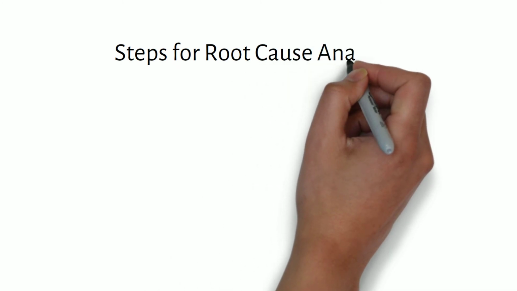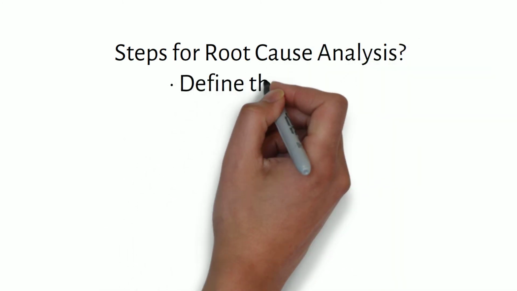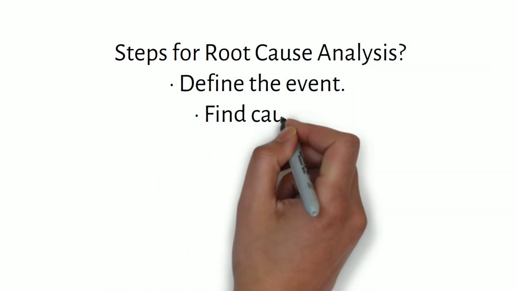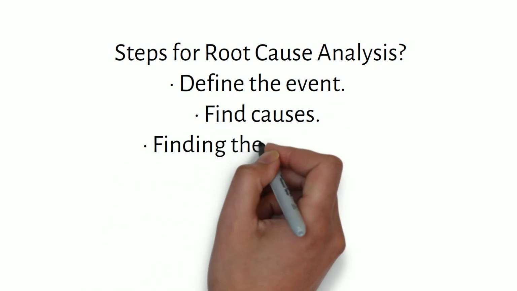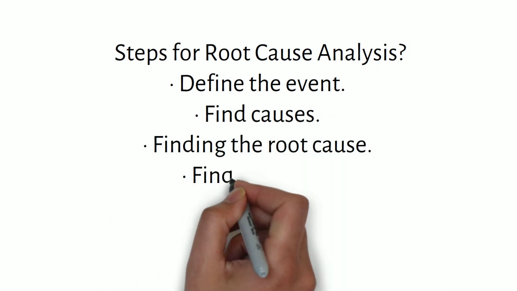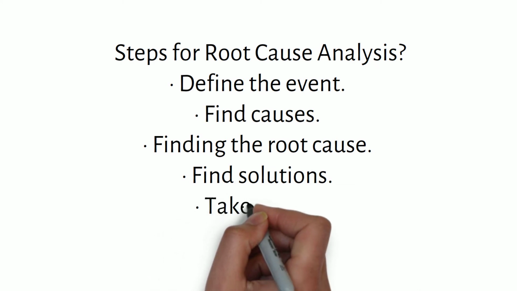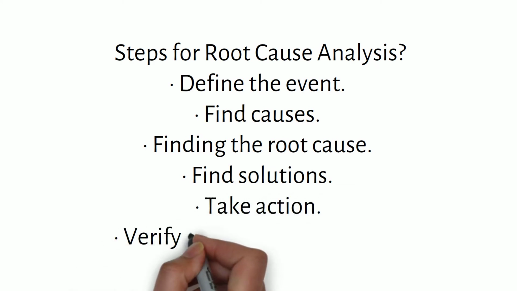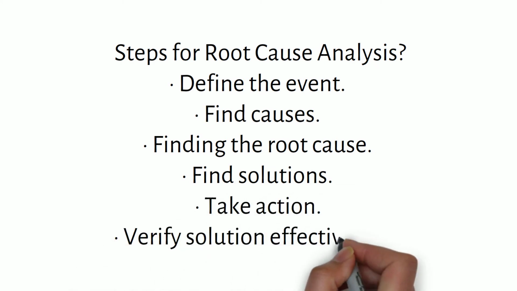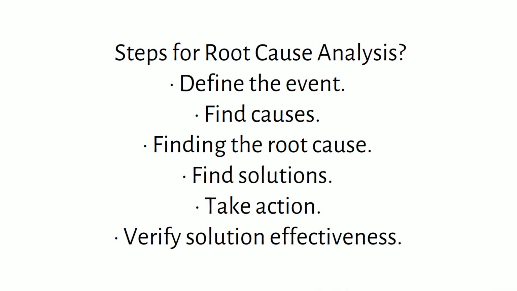The steps that have to be followed in RCA include, first of all, to define the event or the complaint. Number 2, to find the cause. Number 3, to find the root cause. So remember, there may be many causes, but you have to find what is the root cause.